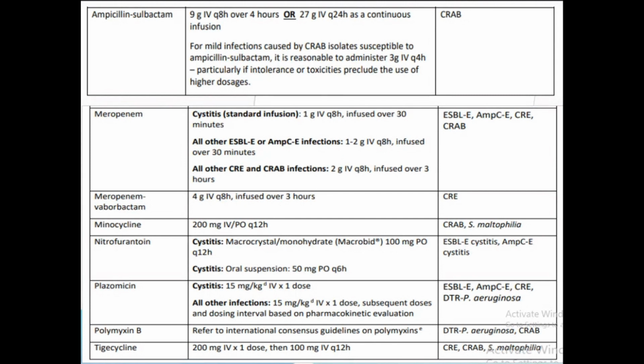So it will be 2 gram IV QDS or 3 gram IV TDS to QDS. This is the option we have alongside either colistin or polymyxin B and tigecycline or minocycline. So this is how we are approaching carbapenem resistant Acinetobacter baumannii, and we are having better results and outcomes on this.